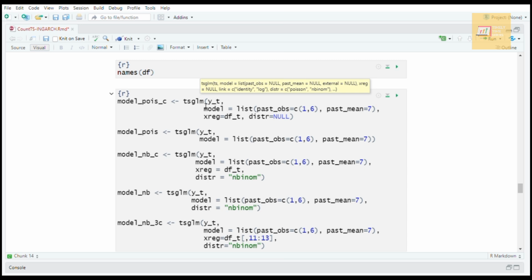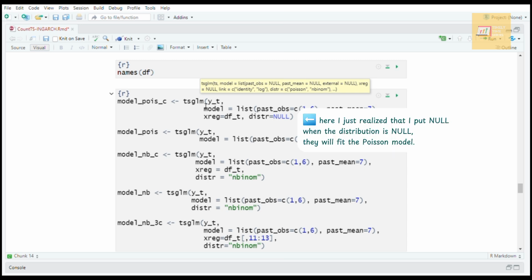Okay, and then the parameter link is about the link function. And in the theory section, we assume that we are using the identity link function. That's the default value actually, so that's why I don't specify it further. And then for the distribution, it's either Poisson or negative binomial.